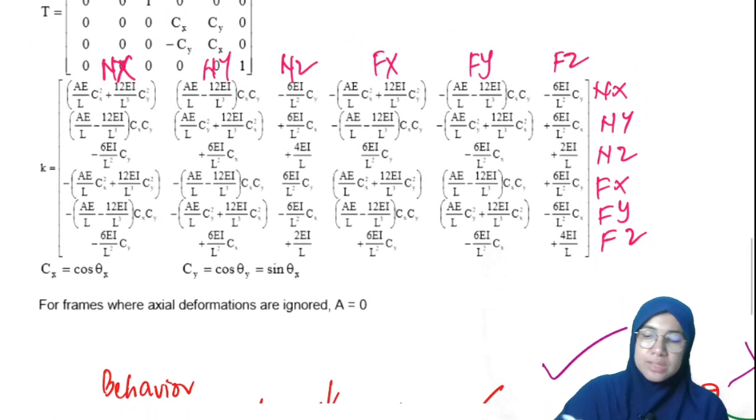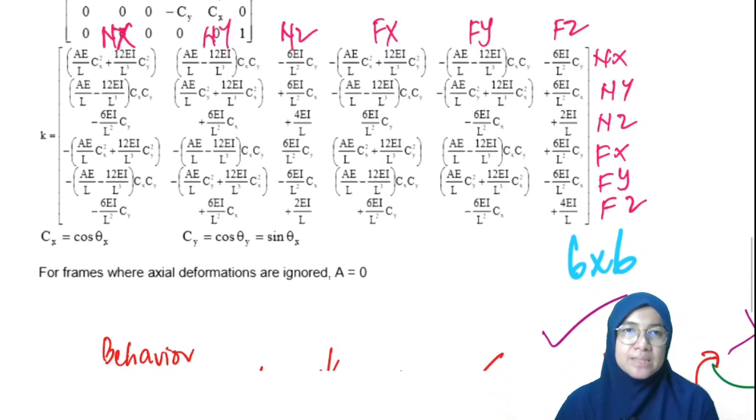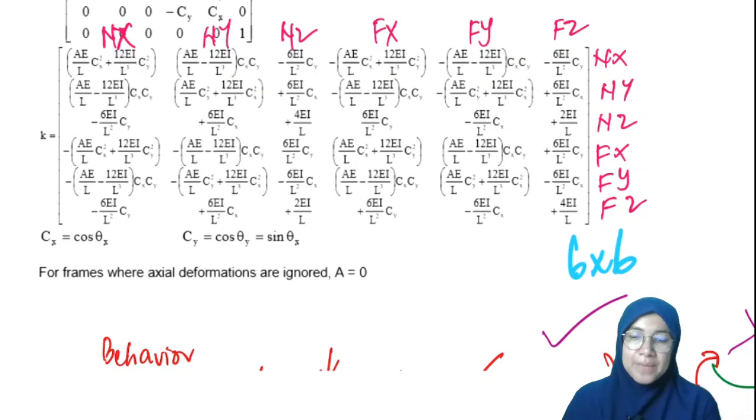So in total, it has a 6 by 6 matrix. Okay, so this formula is actually the formula to calculate the element global stiffness matrices for a frame.